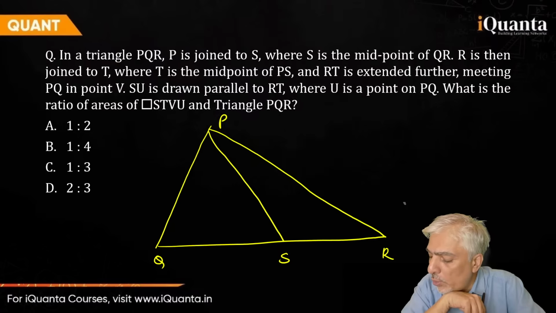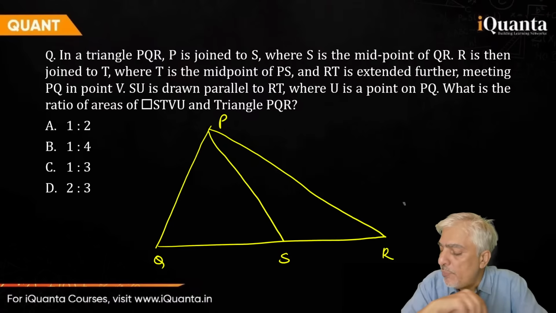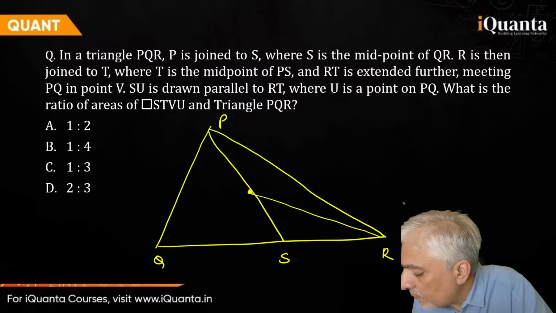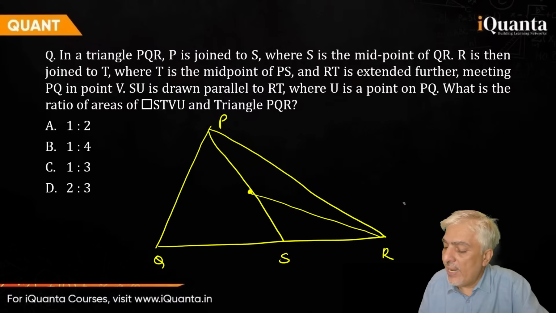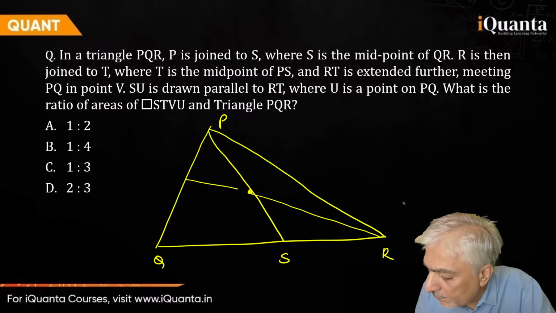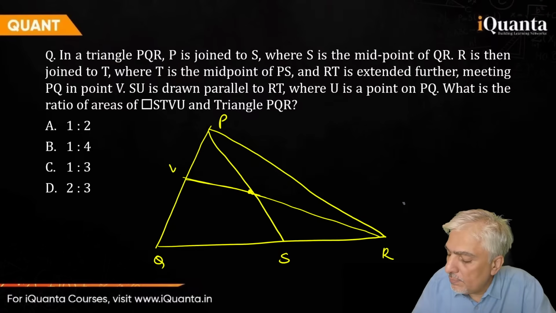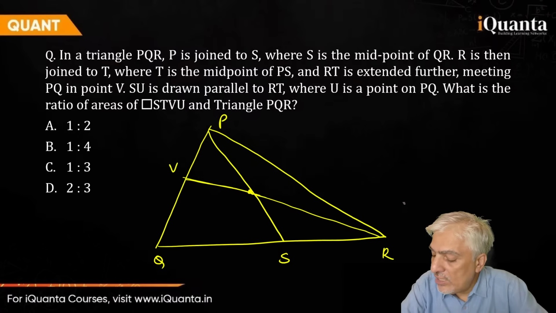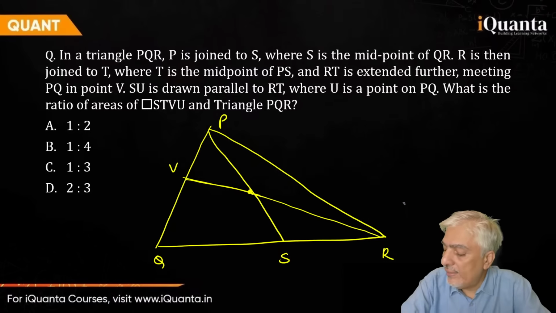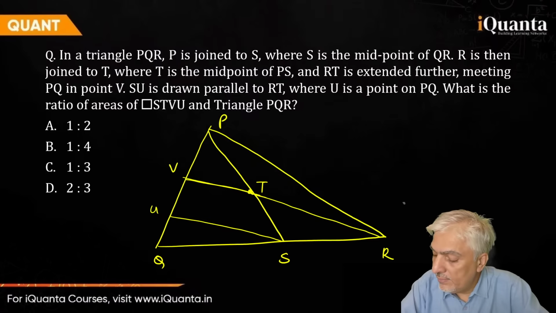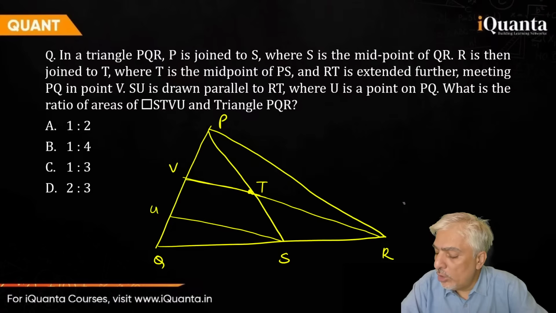R is then joined to point T, where T is the midpoint of PS. R is joined to T and extended further, meeting PQ in V. SU is drawn parallel to RT, where U is a point on PQ.